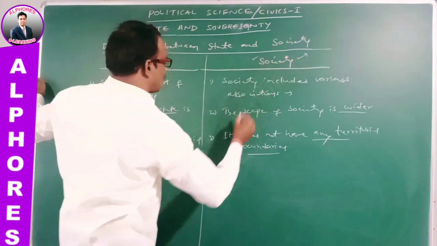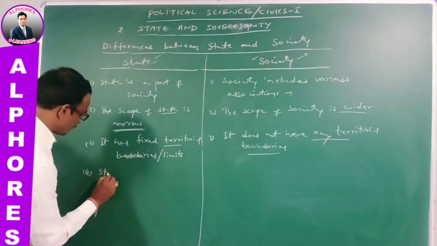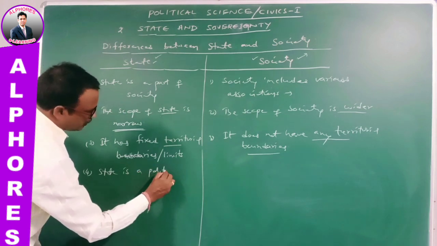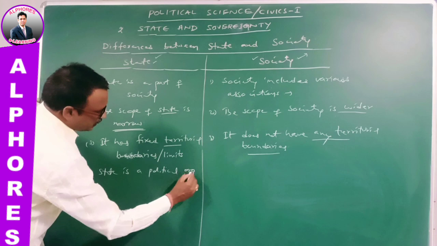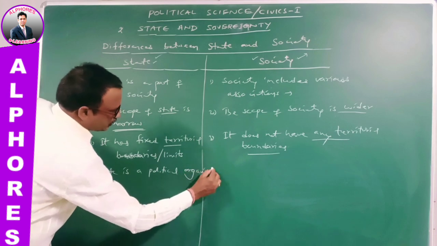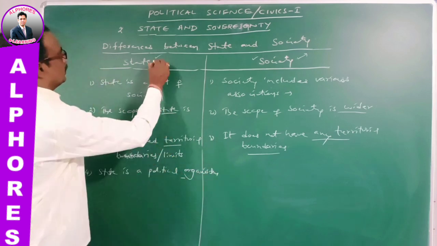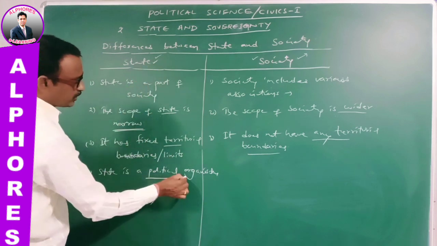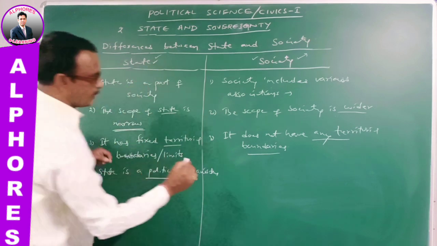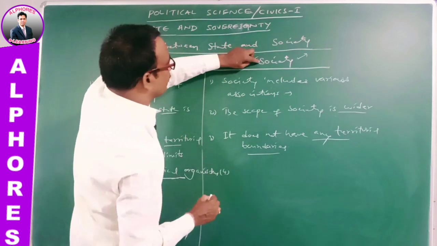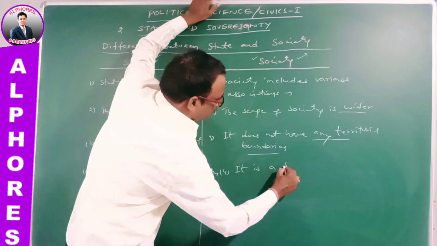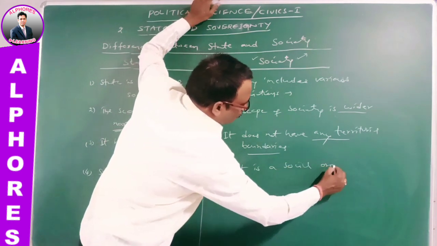whereas in its nature society is a social organization. State is a political organization, because what is its nature? Political in nature, and so it is a political organization. Whereas society's nature is social, so it is a social organization.